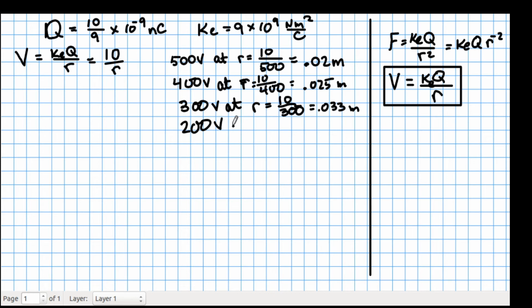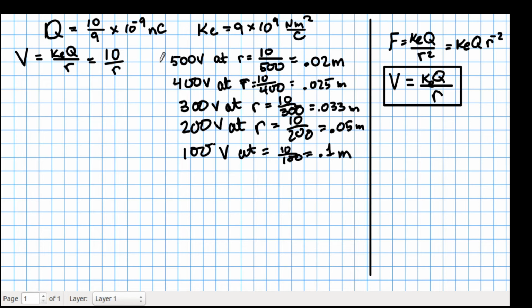The 200 volt interval would occur at 10 over 200, or 5 centimeters, 0.05 meters, and 100 volts will be located at r equals 10 over 100, or 0.1 meters, 10 centimeters away.